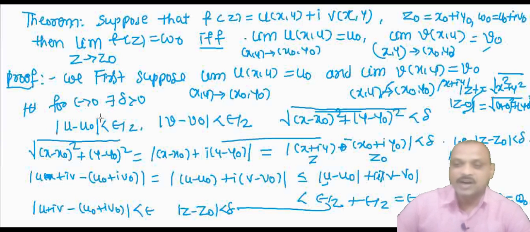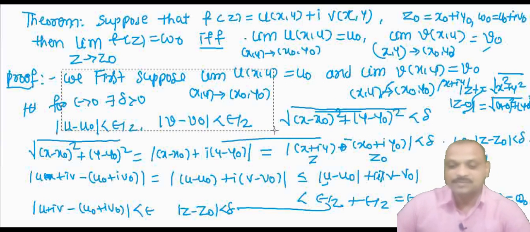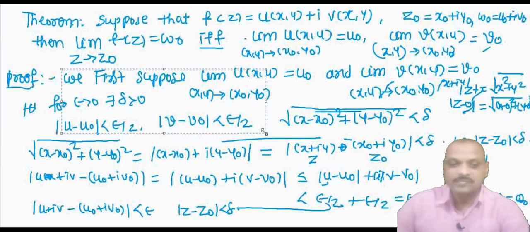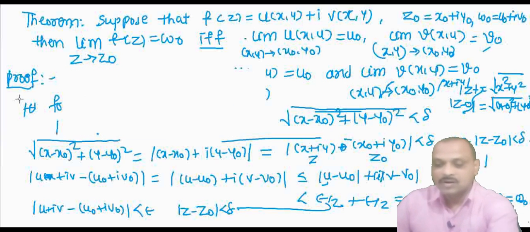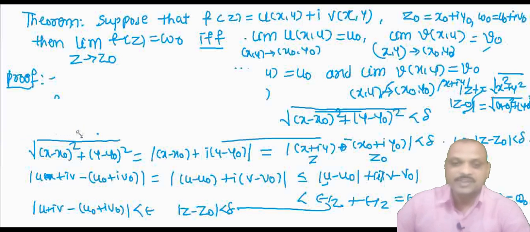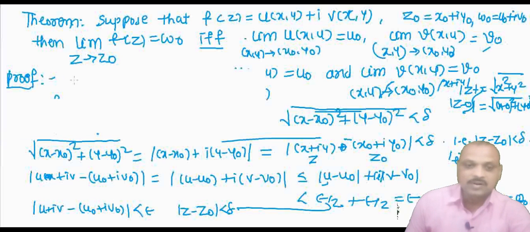In the second part, we will consider the limit of f of z equal to w0 as z tends to z0.